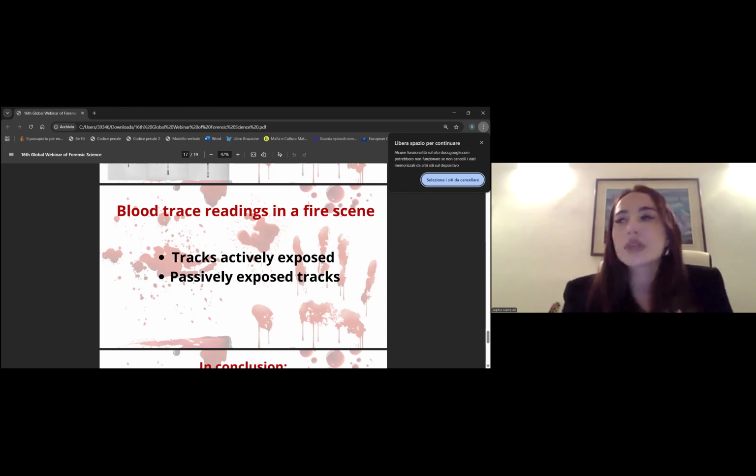But more recent studies suggested that various forensic techniques can be used to visualize, enhance, and collect fingerprints, DNA, and blood traces from fire-affected sites, even when the fire involved a flashover.